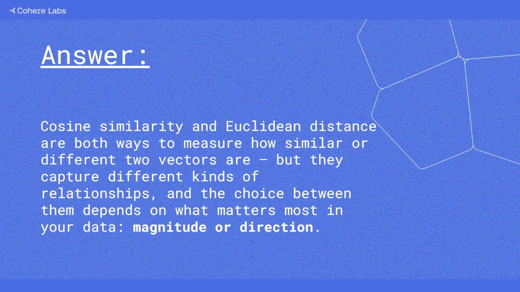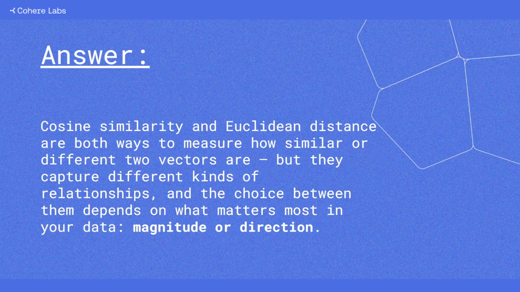But they capture different kinds of relationships, and the choice between them depends on what matters most in your data. Do you care more about the magnitude or the direction? So we're going to dive into both in greater detail so you can make informed decisions of when you want to use each.